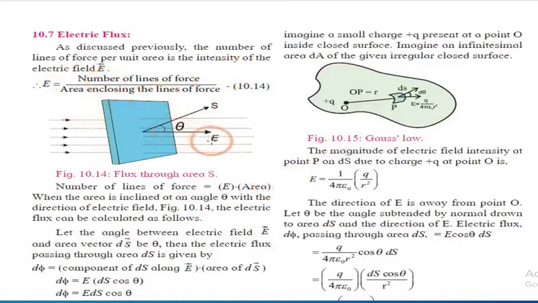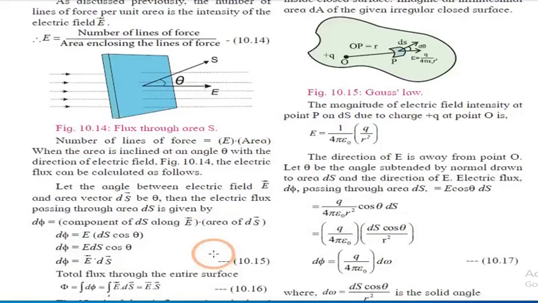Here an electric field is being formed. We considered the number of lines of forces, electric field intensity, area, and the angle between E and S. So the number of lines of forces is given by E into area.